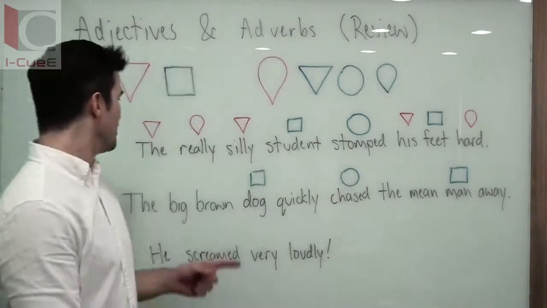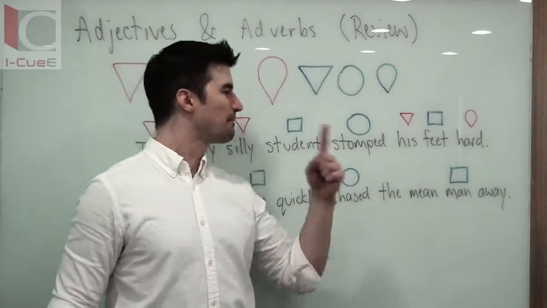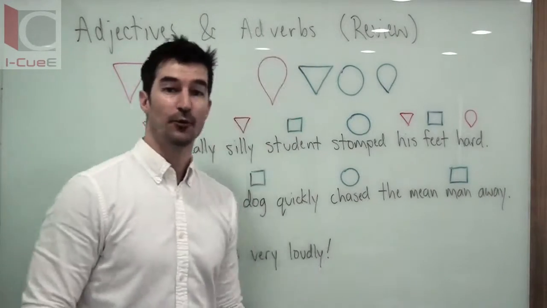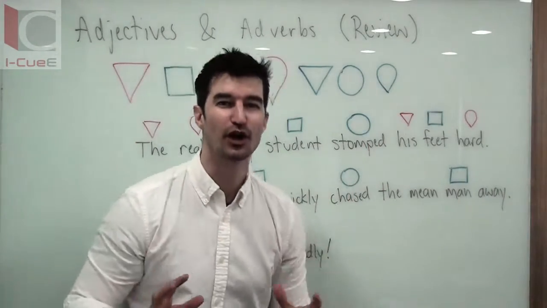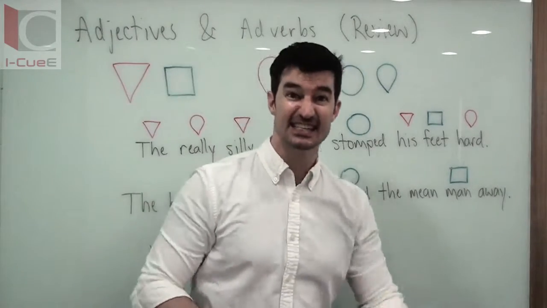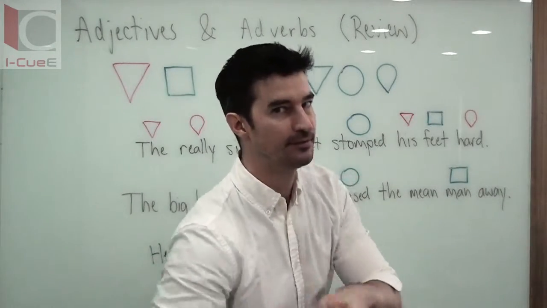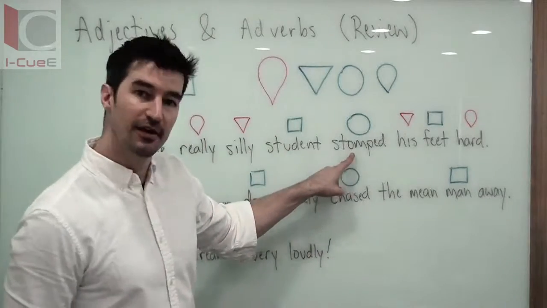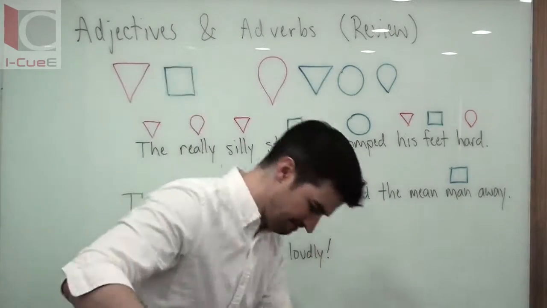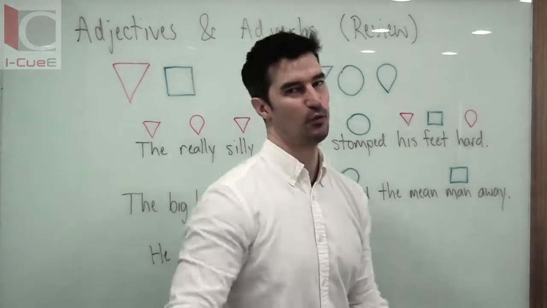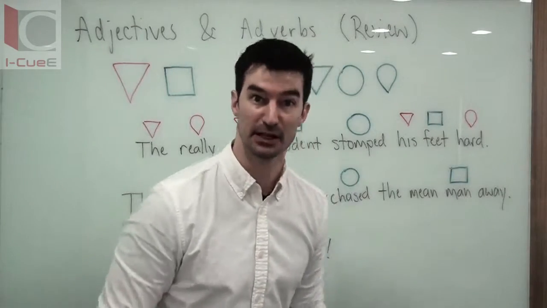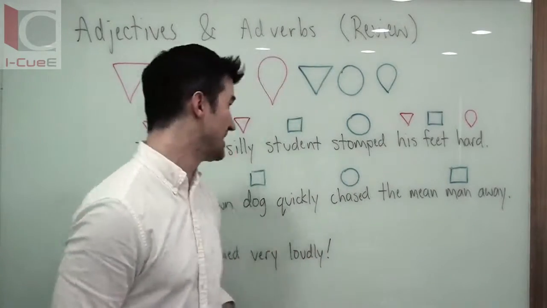That's the picture. You have a really silly student stomping his feet hard. So, remember that the first word that we want to find in a sentence is the verb. Here, the verb is stomped.